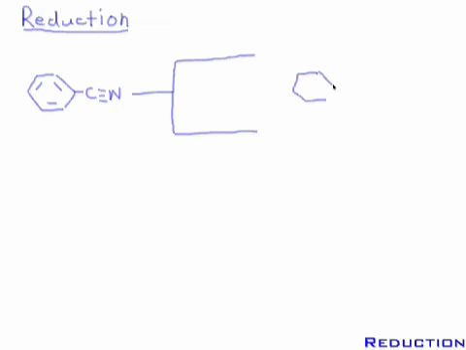But they can be reduced via catalytic or metal hydride reduction. For that reason, there are two pathways for reducing a nitrile to a benzylamine.